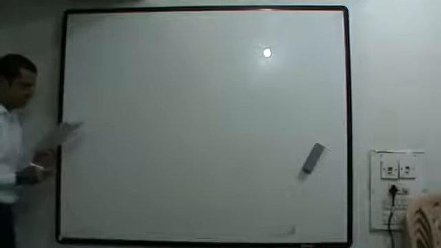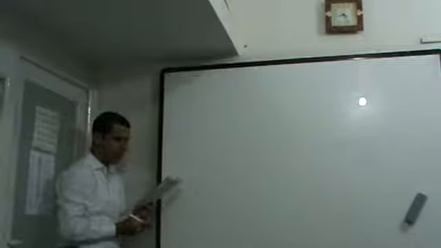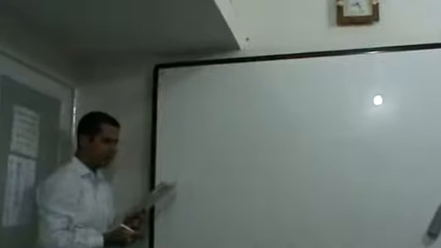Take down the sum please. A bob of a simple pendulum of mass 0.2 kgs is held with a string in horizontal position.